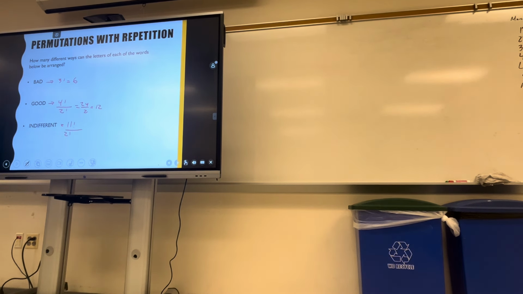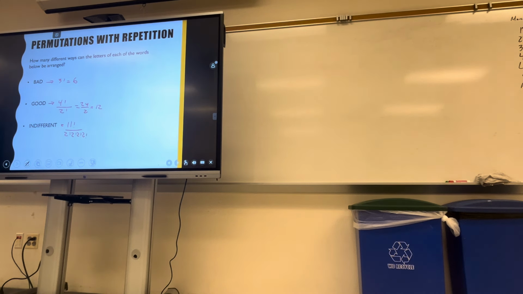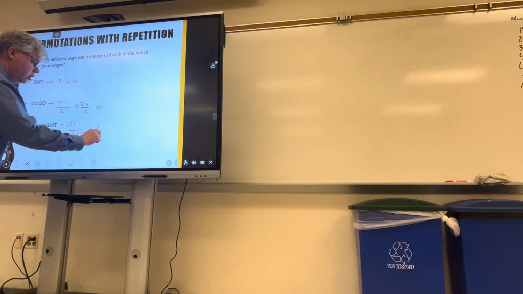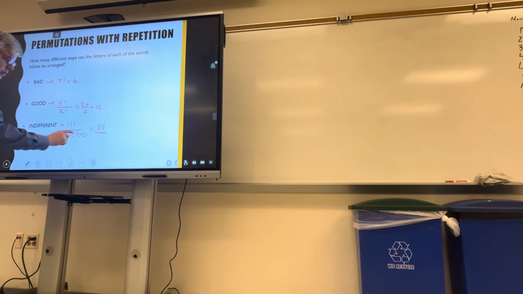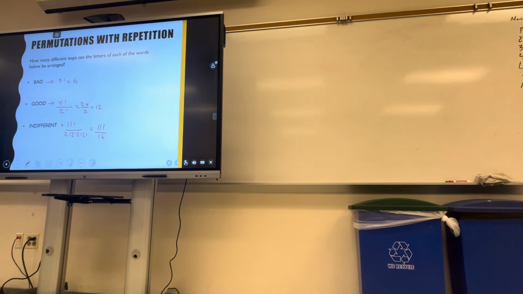What else? 2 f's, so that's another 2 factorial. You say 2 n's, yeah? 2 e's. All right, that is 8 letters. I think I have 3 different letters besides those 8, right? I have 1 D, 1 R, and 1 T. So that accounts for all the letters. So instead of 11 factorial, this is going to be 2, 4, 8, 16. 11 factorial over 16. Which is still a huge number, but not as big as 11 factorial.